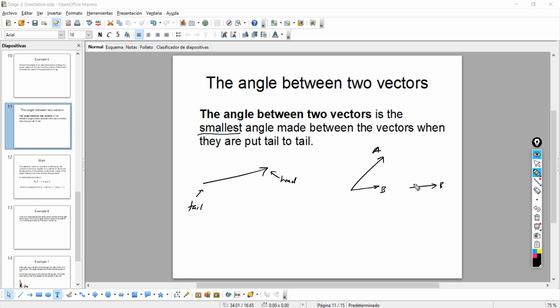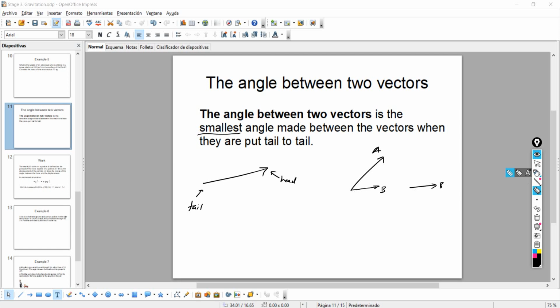I just slid it. Try to imagine that I can grab it with my hand and slide it without making any rotation to the direction. If you notice, this vector points in the same direction as B. Okay, so now I have vector A and vector B put tail to tail.